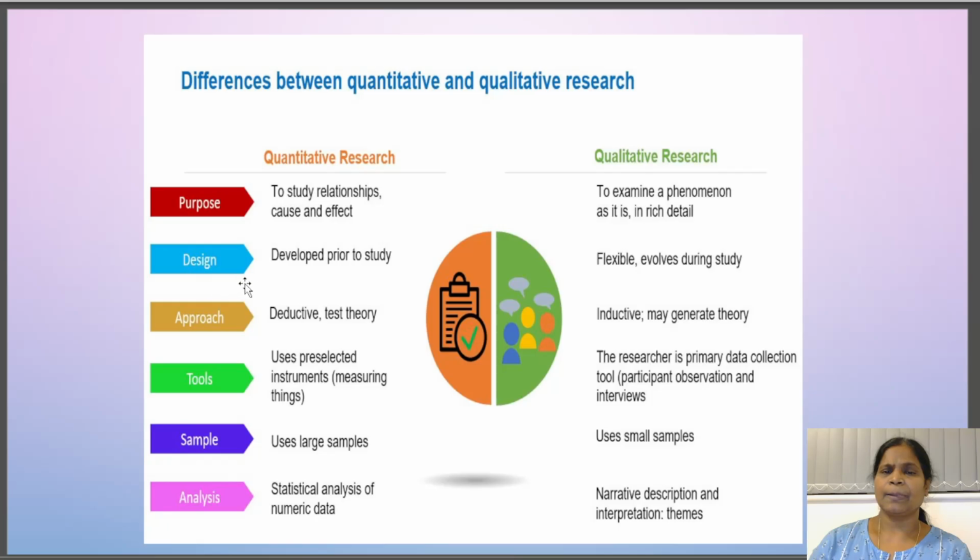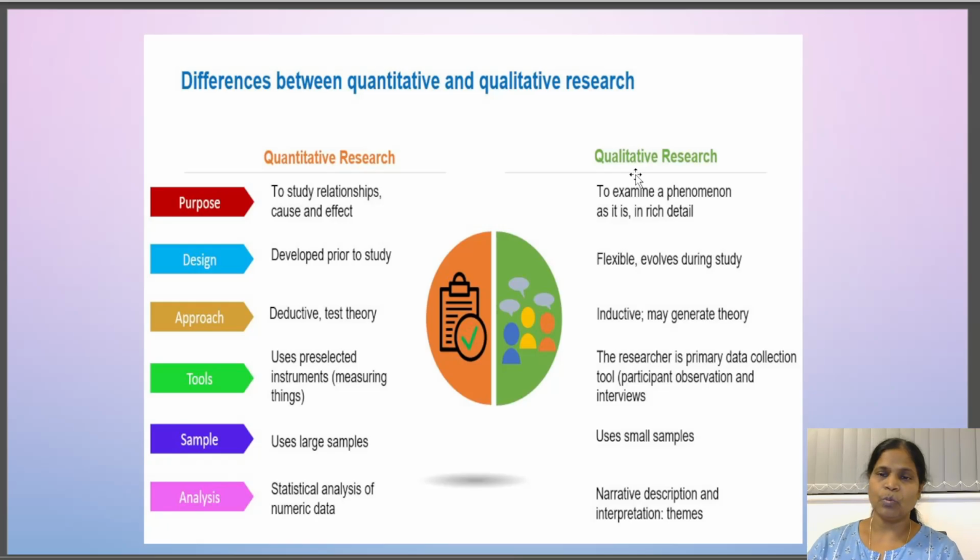Coming to design, quantitative is developed prior to study. Because if it is an experimental or quasi-experimental or pre-test or post-test or any other Solomon 4-group design or correlation, etc., it is developed prior to study.